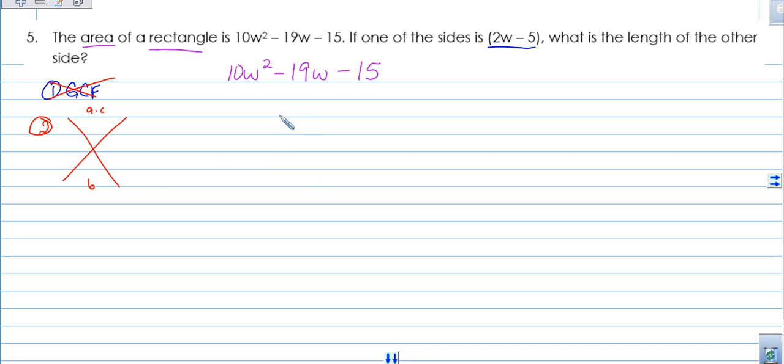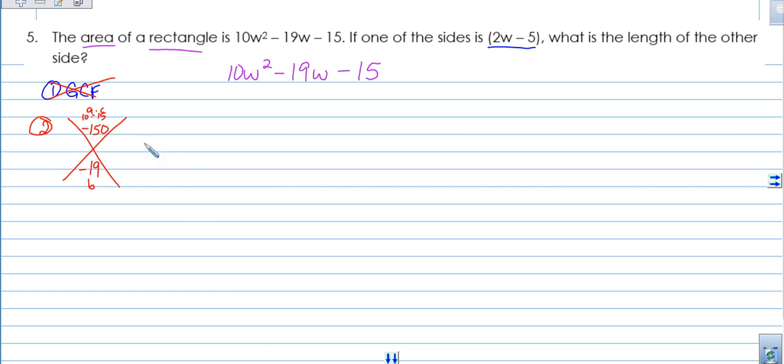And so we're going to do A times C, which is 10 times negative 15, so you get negative 150. Okay? And then negative 19 will come down for our B. So now we want the numbers that will give us negative 150 when we multiply them and subtract to get us negative 19.